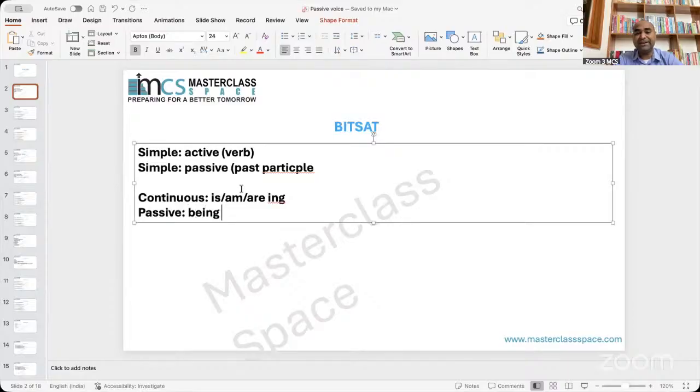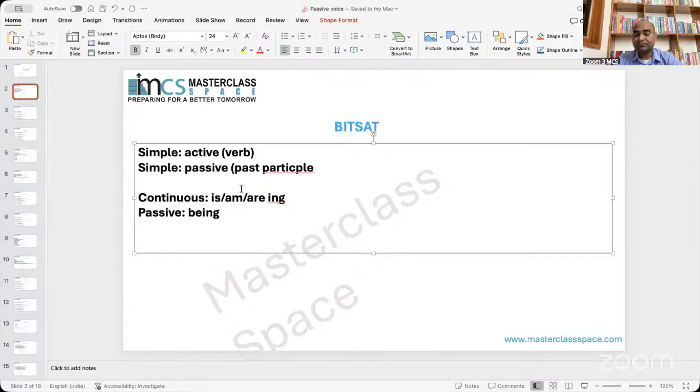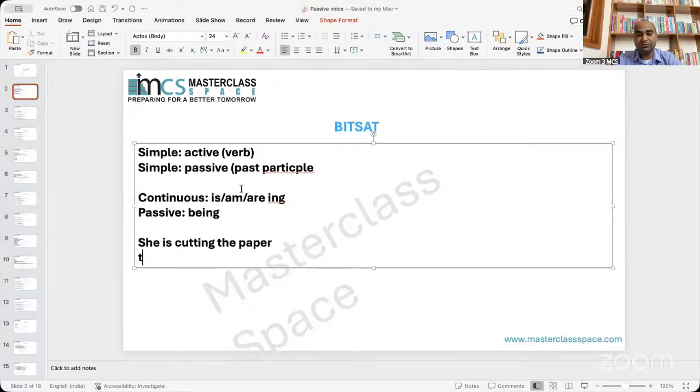What you need to add is being, right? Example: Audie said that she is cutting the paper, right? So the paper is being cut.